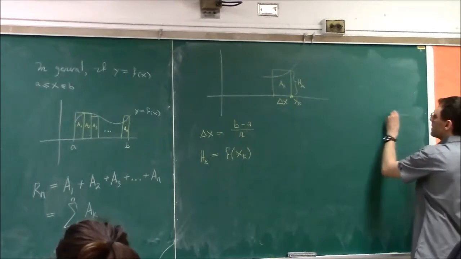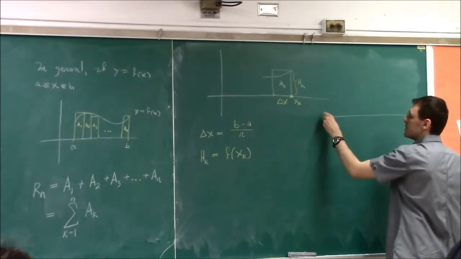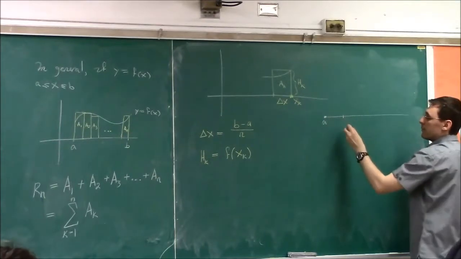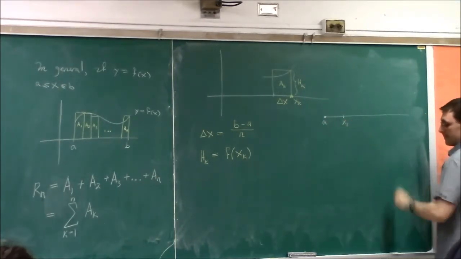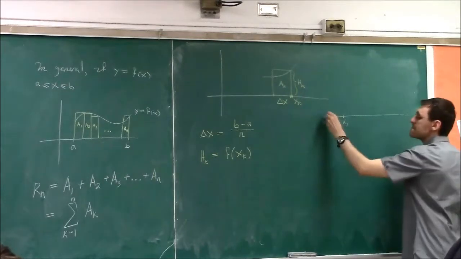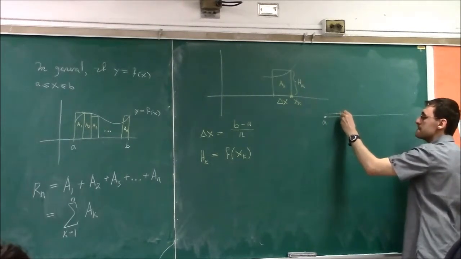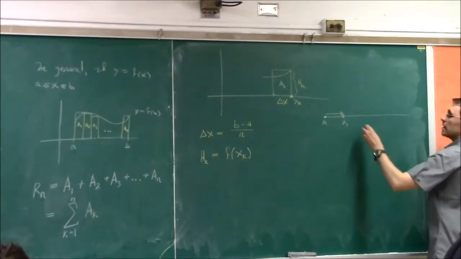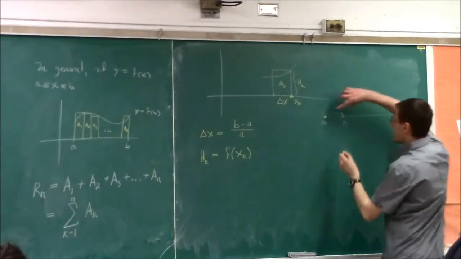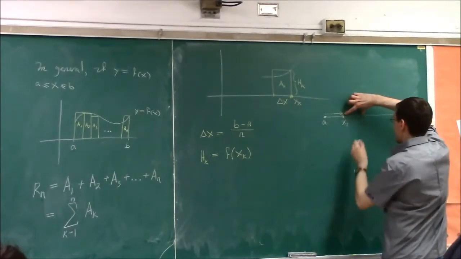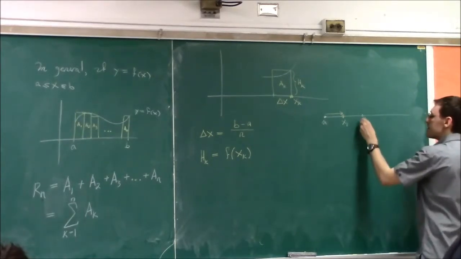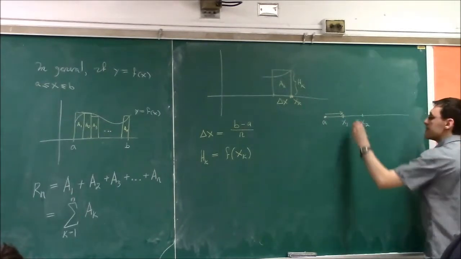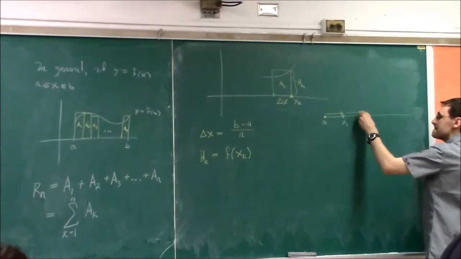Let's see how we find it. So if this point is a, then if I move here, that is x1, right? If I move here, that's x1. If I move here, that would be x2.